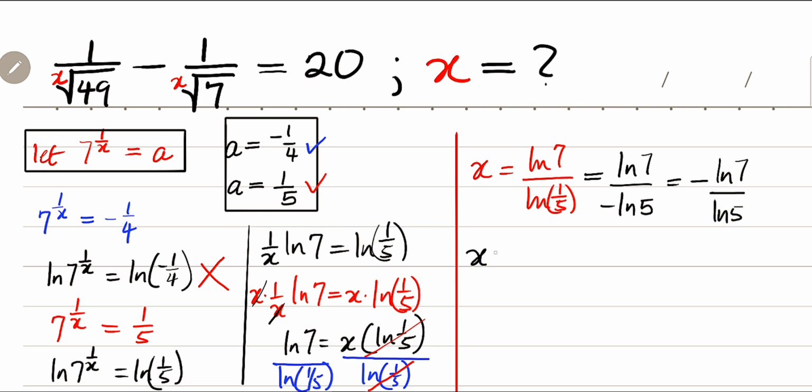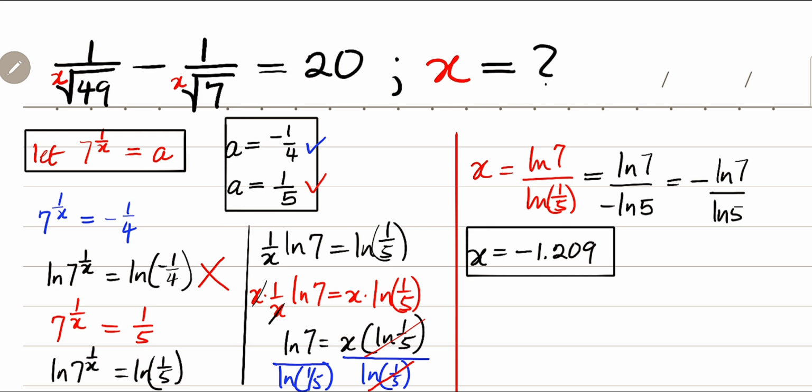Okay, and by calculation we have approximately negative 1.209 as the value of x that satisfies the equation.